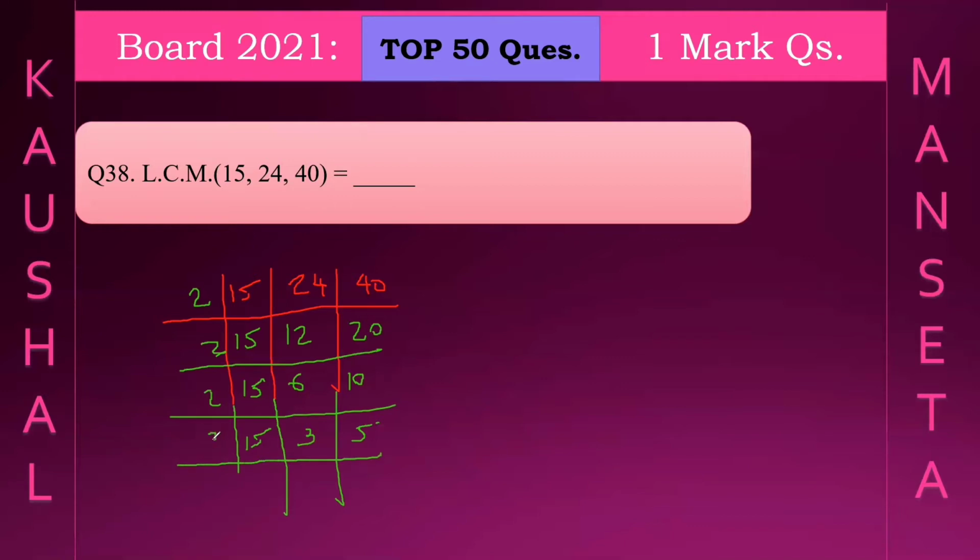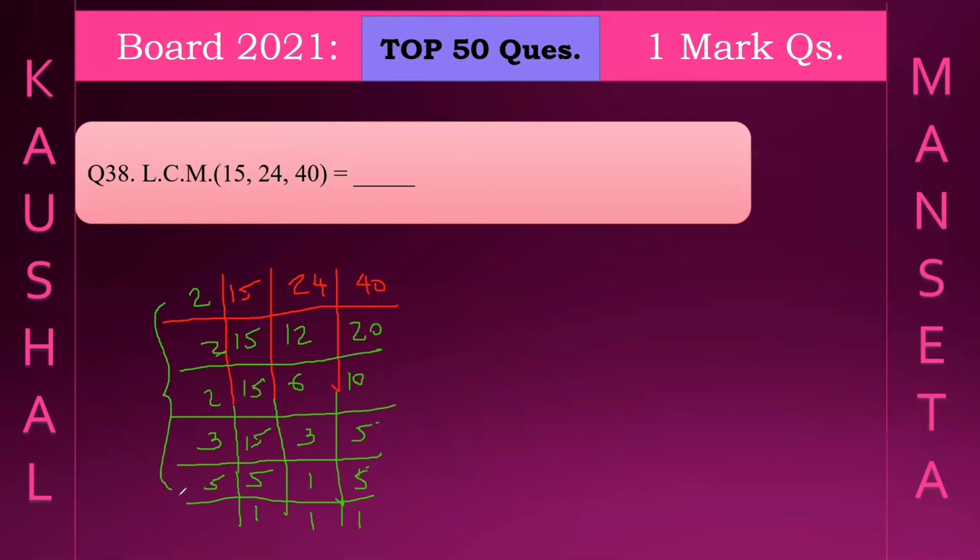So we have to divide by 3. So 3 5s are 15, 3 1s are 3, and 5 as it is. Now it is not divisible by 5... so we are going to divide by 5. So 5 ones are 5, 1 as it is, and here 5 ones are 5. Now multiply all these numbers.